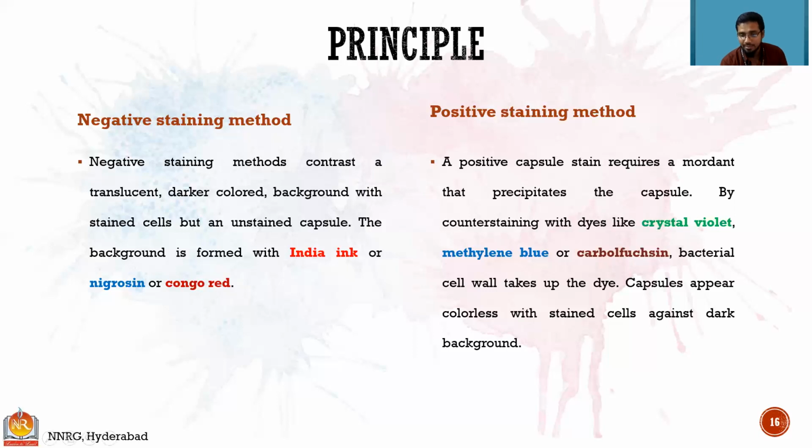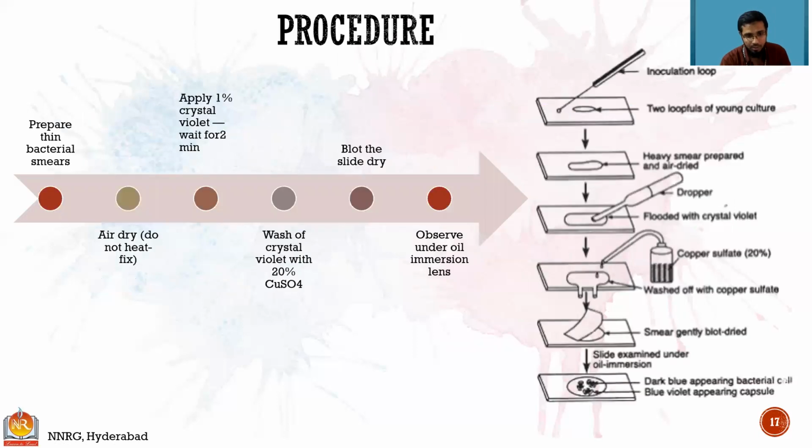So basically, in the negative staining method, the background was lighter, the cells had darker color, and the capsules were colorless. Whereas in the positive staining method, the background is darker, the cells have a different color, and the capsules have no color. Let us see the procedure now.